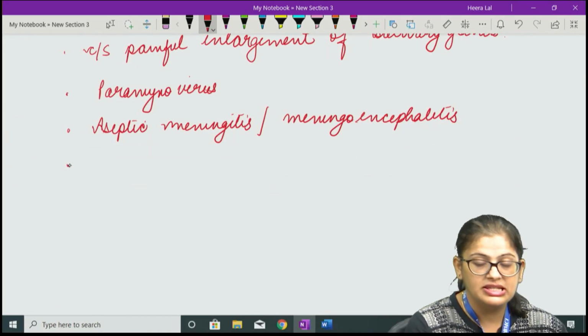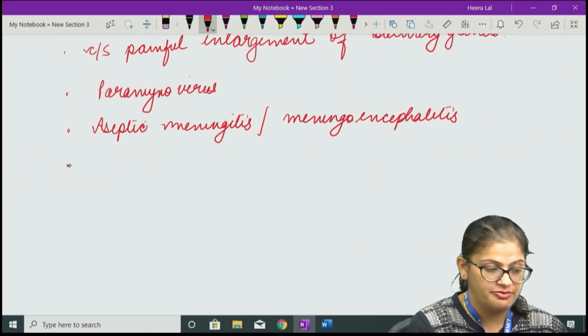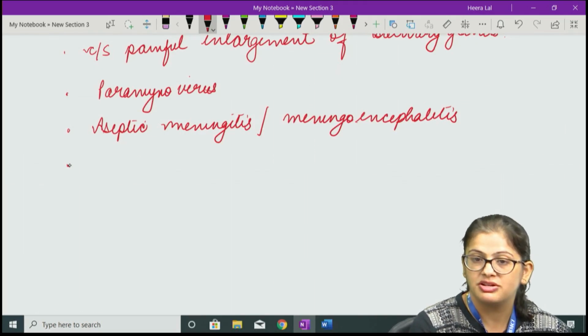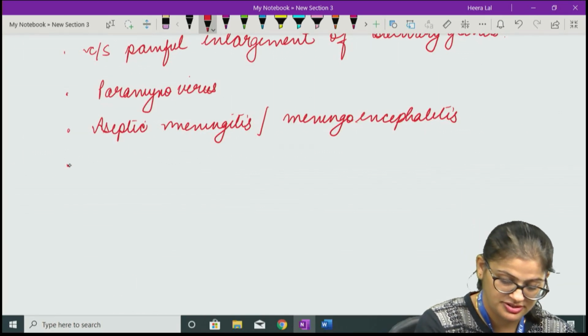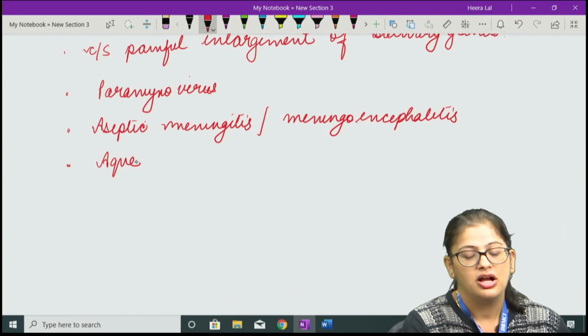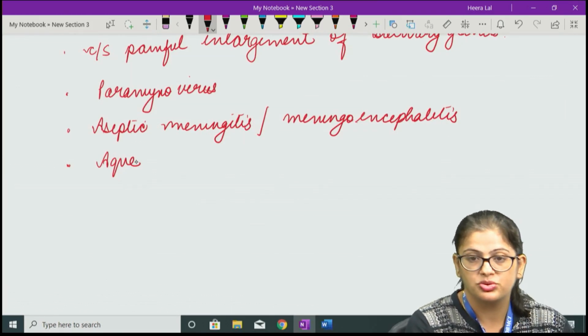So, in these conditions you can often see CSF pleocytosis. Though CSF pleocytosis may be present in almost 65% of patients of mumps, only 10% may present with clinical symptoms of meningitis or meningoencephalitis. Aqueductal stenosis is a rare complication or association that is seen with mumps, but it is a known occurrence after mumps infection.